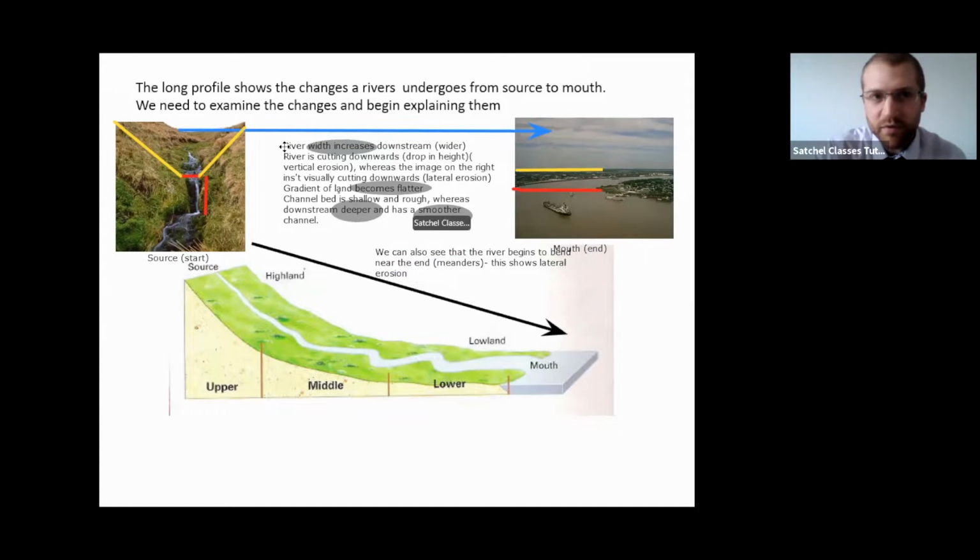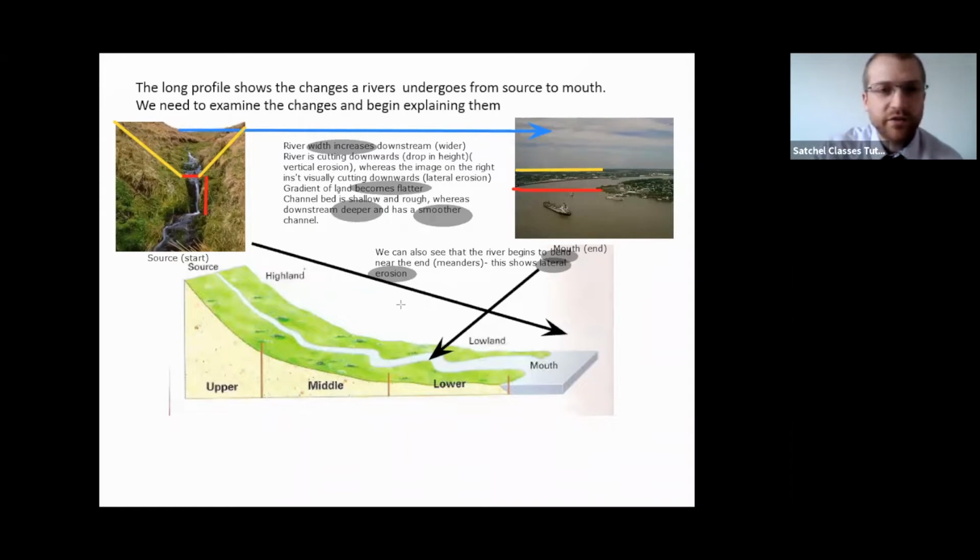So we can see the river begins to bend, and I'll highlight this part down here. So it's gone from vertical erosion to sidewards lateral erosion. And that's why we can see these bends that are literally here, from the end of the middle course to the lower course. So we've got a significant change there.